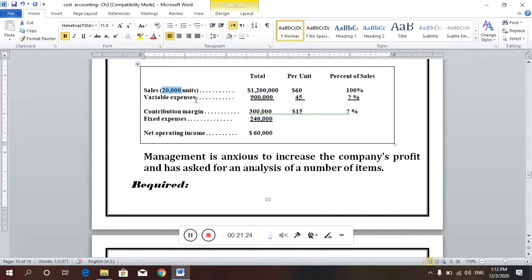And variable expenses equal $900,000. The 20,000 units cost me variable costs of $900,000.